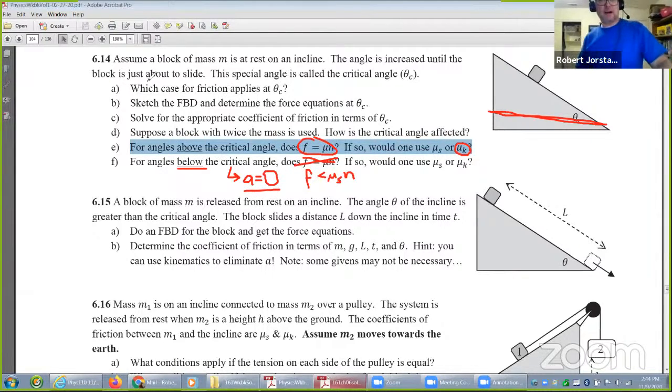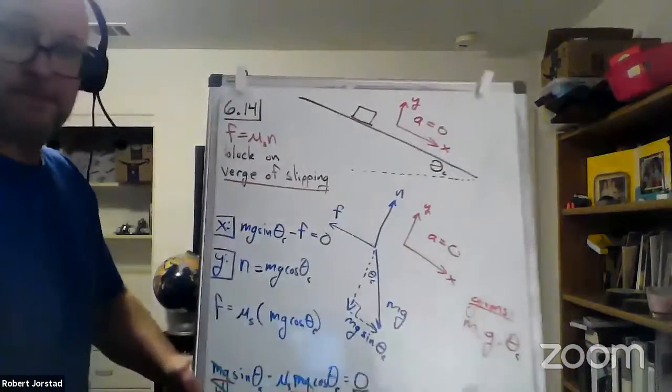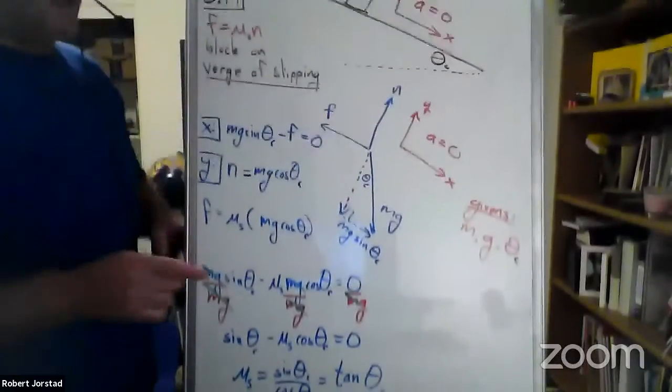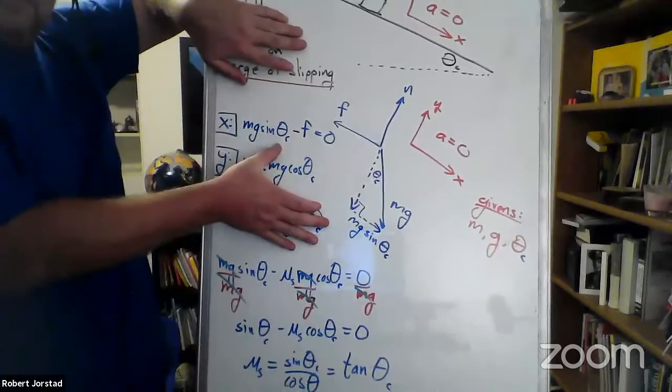So just to point this out, if it's just about to slide, we'd use friction equals mu static times the normal force. If it's above the critical angle, we'd use mu kinetic times the normal force as friction. And if it's less than the critical angle, this would not work, but wouldn't that still work?